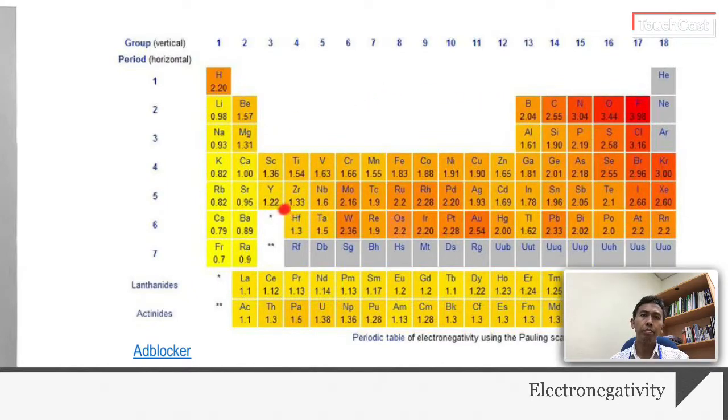From this periodic table, fluorine has the highest electronegativity. The lowest electronegativity is calcium or francium. We may also observe the trend in electronegativity, which increases as we move up and to the right, and much more information.